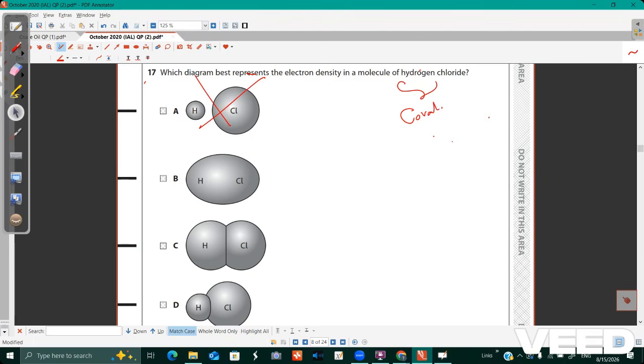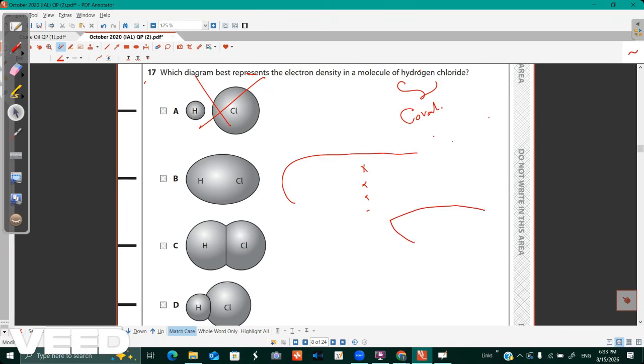We talked about covalent bonding, meaning sharing electrons. So therefore, you are getting a common orbital. If you remember the orbital geometry, it's something like this. Hybridized orbitals are overlapping, and this is the bonding orbital.